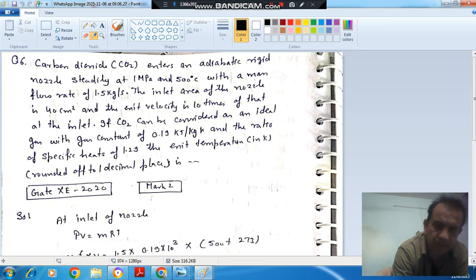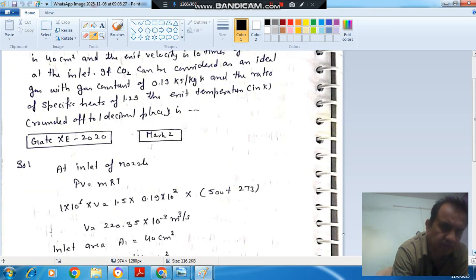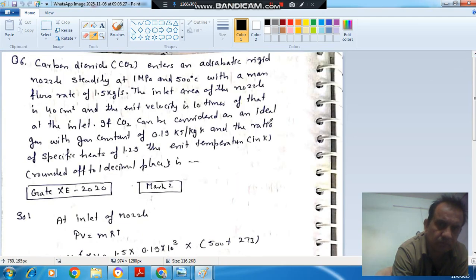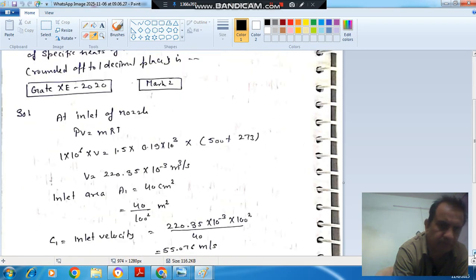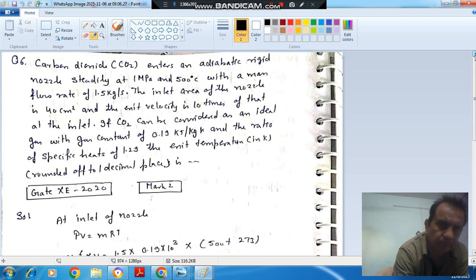So at the inlet of the nozzle, we apply the ideal gas state equation, PV equals mRT, then we can find the volume flow rate. Mass flow rate is given, that is 1.5 kilogram per second, and R is 0.19 into 10 power 3 joule per kilogram per Kelvin, and the initial temperature is given as 500 degrees Celsius, so in Kelvin it will be 500 plus 273, and initial pressure is 1 MPa, 1 into 10 power 6.